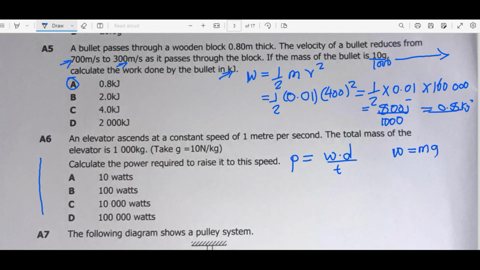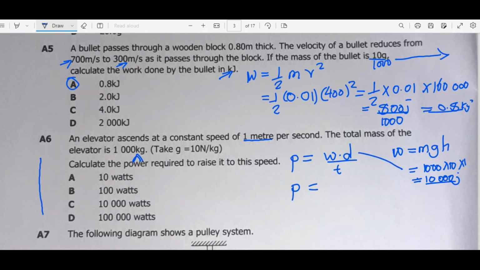So mgh, mass is this number 1000 times gravity is 10 times what's the distance? So the distance is 1 meter, so times 1, which is giving us 10,000 joules.